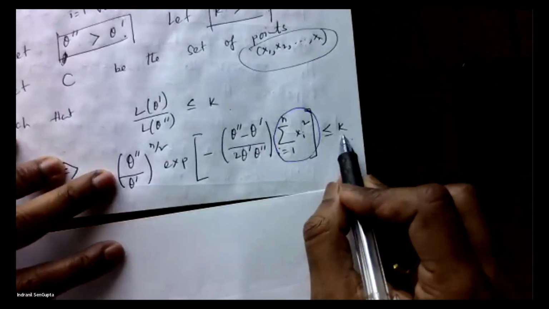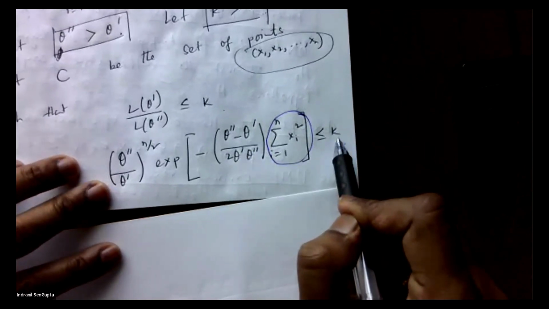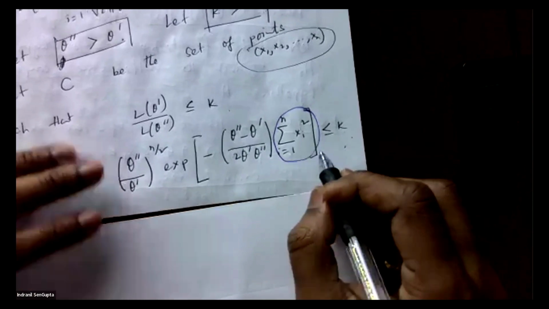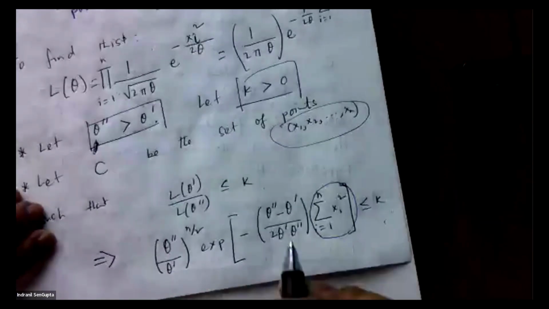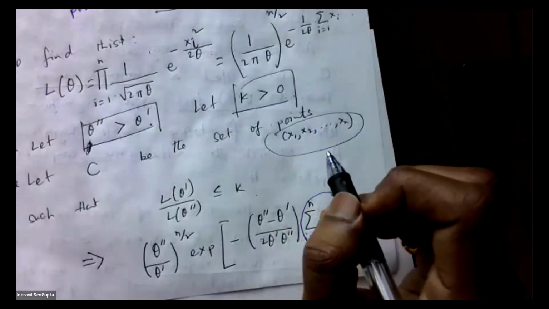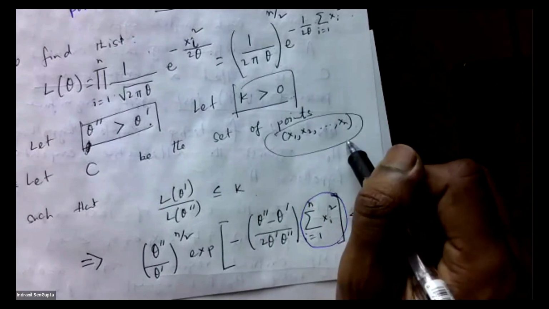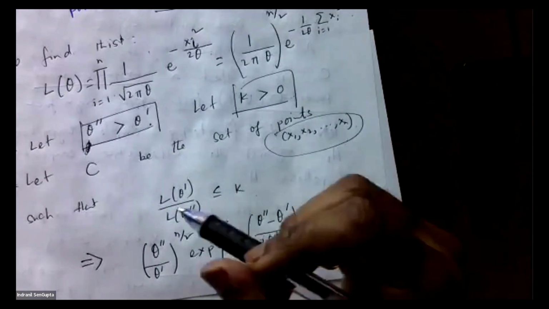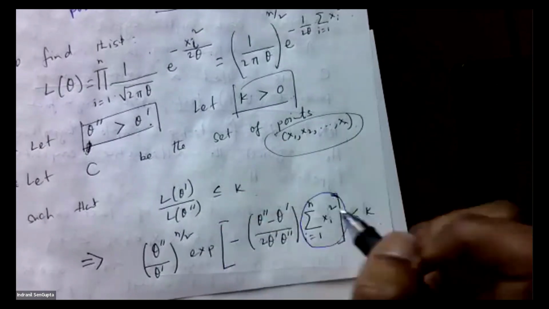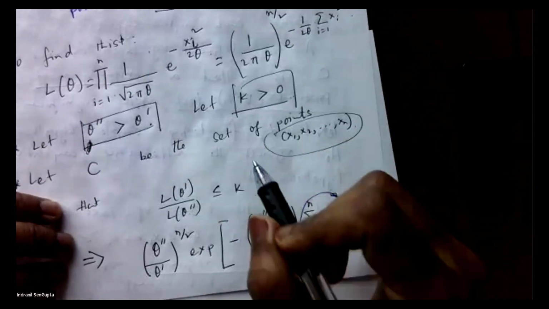Equivalently, this constant k can be a function of theta prime, it can be a function of theta double prime, right? All I need is to find a constant. I'm trying to find a region, a set of points, so that this is true. Now, for a given value of theta double prime, it depends on that.